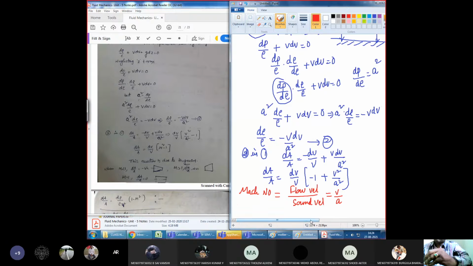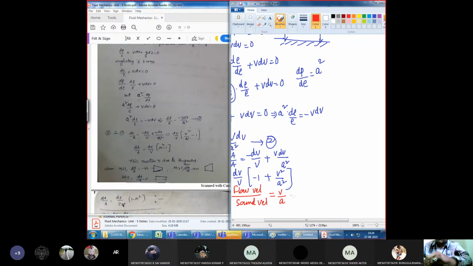Generally, Mach number is also defined as the square root of the ratio of inertia force to elastic force.